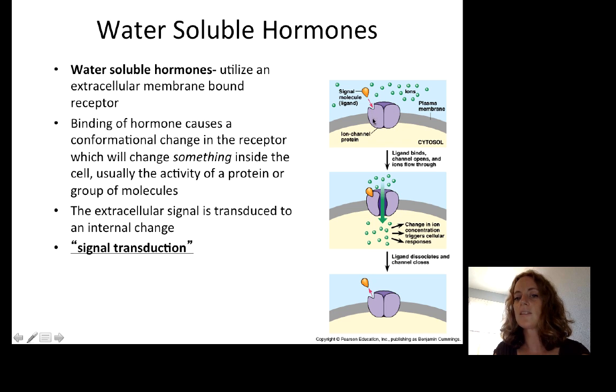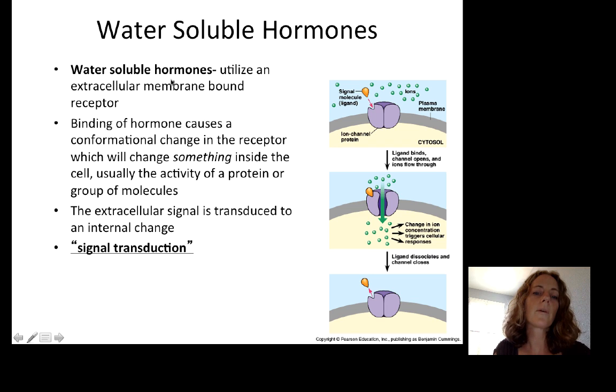There are many changes and many possibilities here that we will get into. This one, for example, is an ion channel. So when this chemical binds to this receptor, it opens it up, and ions are allowed to pass into the cell. When the chemical is no longer bound, it will dissociate and the channel will close.